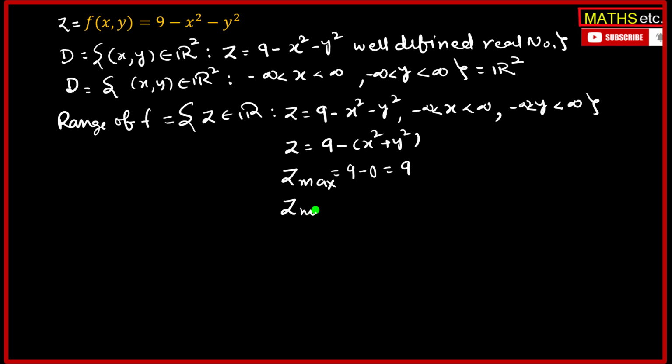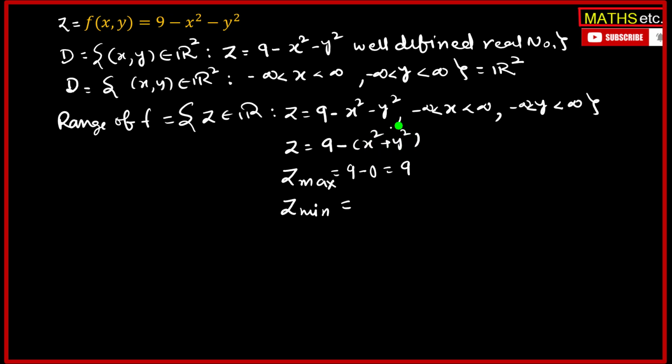What will be the minimum value of z? z will be minimum when the expression on the right hand side is minimum. And when will this expression be minimum? When x squared plus y squared is maximum. The maximum value of x squared plus y squared is tending towards infinity, increasing and increasing without end. That is the meaning of infinity.